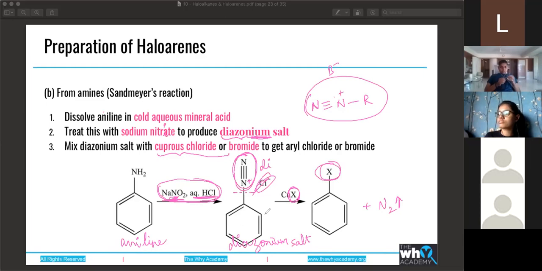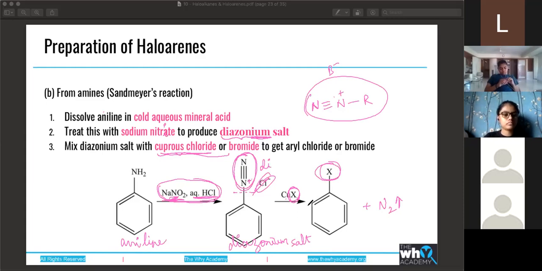Then when you treat the diazonium salt with cuprous chloride or bromide, that particular chloride or bromide will decide what halide you're getting in the end. So the source of this chlorine is not HCl. You see that here I took CuX.